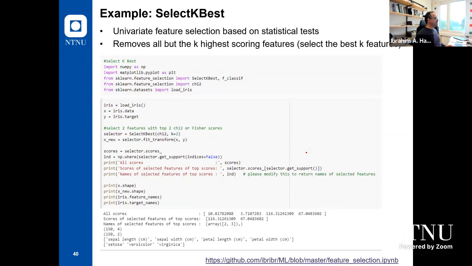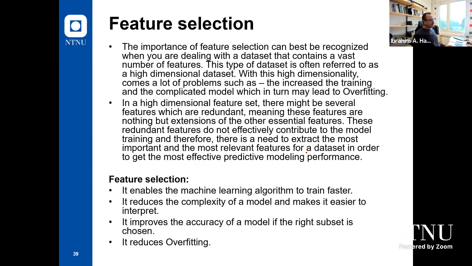Now feature selection. Today I have been talking about select k-best. The importance of feature selection can best be recognized when you are dealing with a data set that contains a huge number of features, for example 20 features or 100 features.